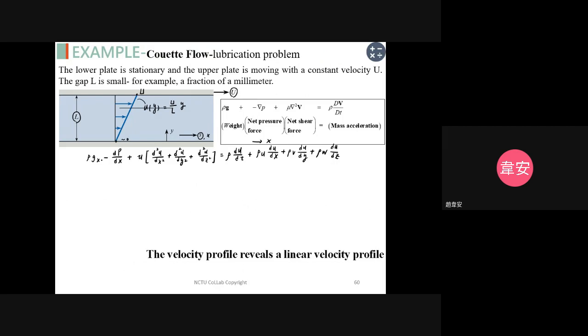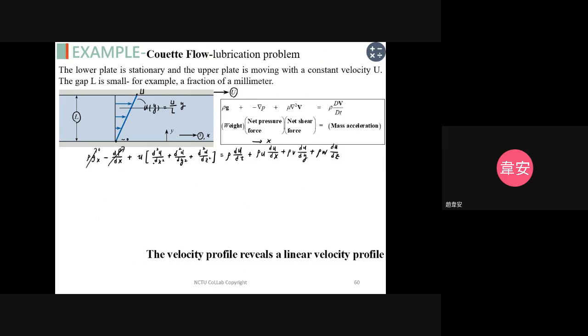The first term is the body force, but along the x direction we don't have gravity, so this is equal to 0. For our problem, we are exposed to the atmosphere, so the gauge pressure change is equal to 0, and we don't have a pressure gradient.